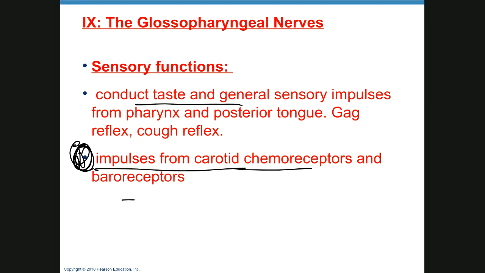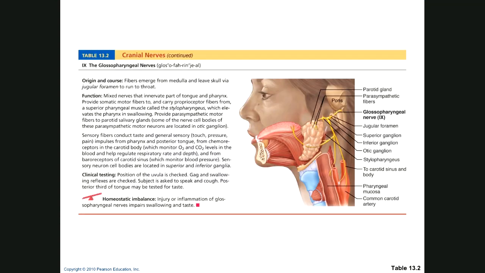All right, so we had so far 2 nerves that brought taste information into the brain, and the first one was cranial nerve number 7, facial. The second one is glossopharyngeal, number 9. So this is showing you where the cranial nerve number 9 is going to innervate muscles of the tongue, innervate muscles of the throat, innervate the parotid salivary gland, and bring sensory information from the receptors in the carotid artery.